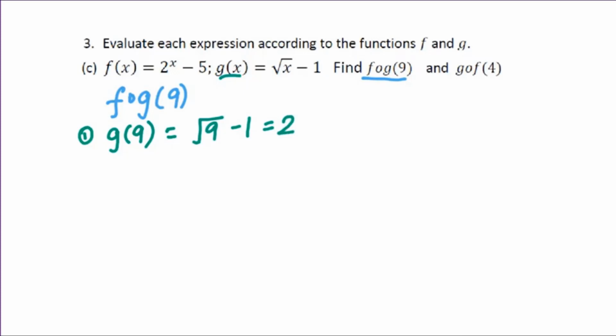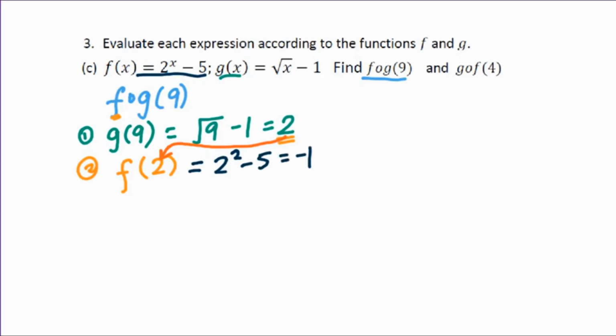That's the first step. Your second step, take this value and plug it into the f function. So f of 2. Plug 2 into this f function. We got 2 to the second power minus 5. That equals -1.